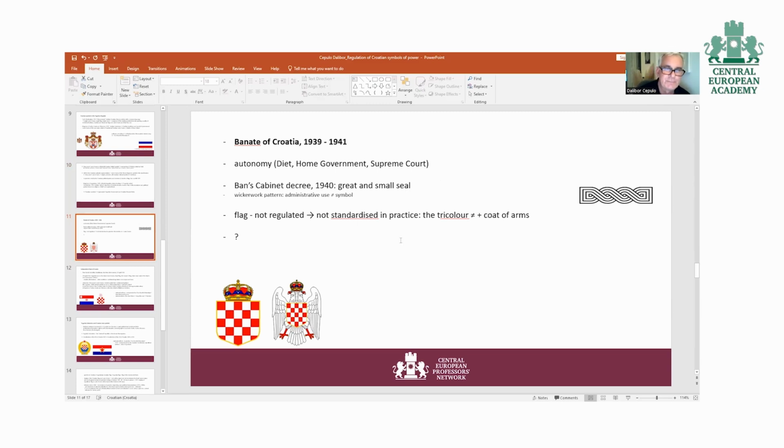This Ban's cabinet introduced the Great and Small Seal of the Banovina of Croatia. Interestingly enough, it did not do much more on this symbolic basis of its power, which one could otherwise quite expect. I do not know actually the reason.